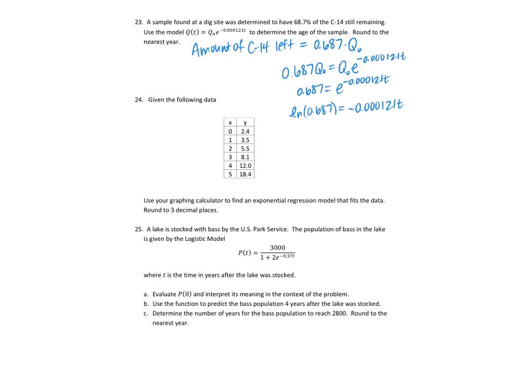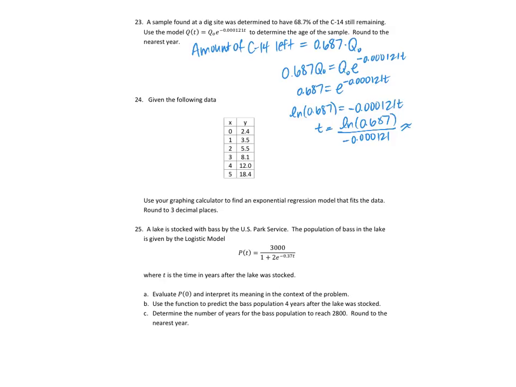And then I can divide by negative 0.000121. So t equals, and then it says round to the nearest year. So let's stick that in our calculator.